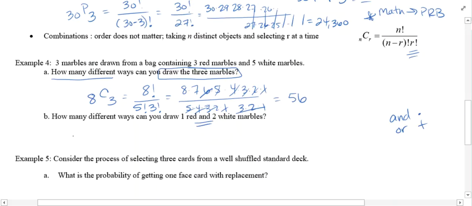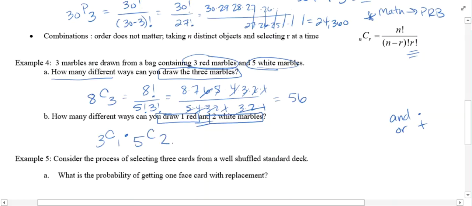So we want to look at how many total. We want to draw 1 red. How many total red are in the bag? I have 3. So we're going to do 3, and I want to choose one of them. And so I'm going to multiply. There are 5 white marbles, and I want to choose 2 of them.